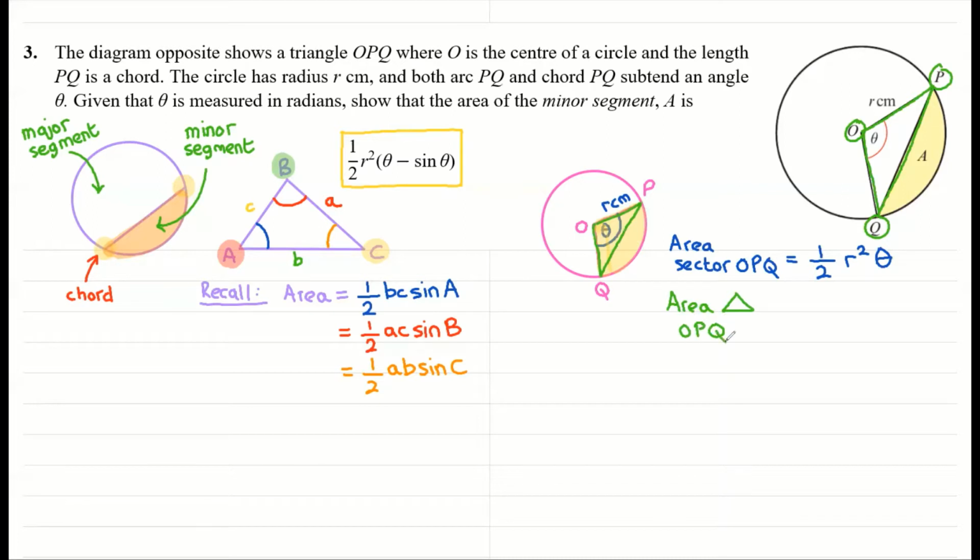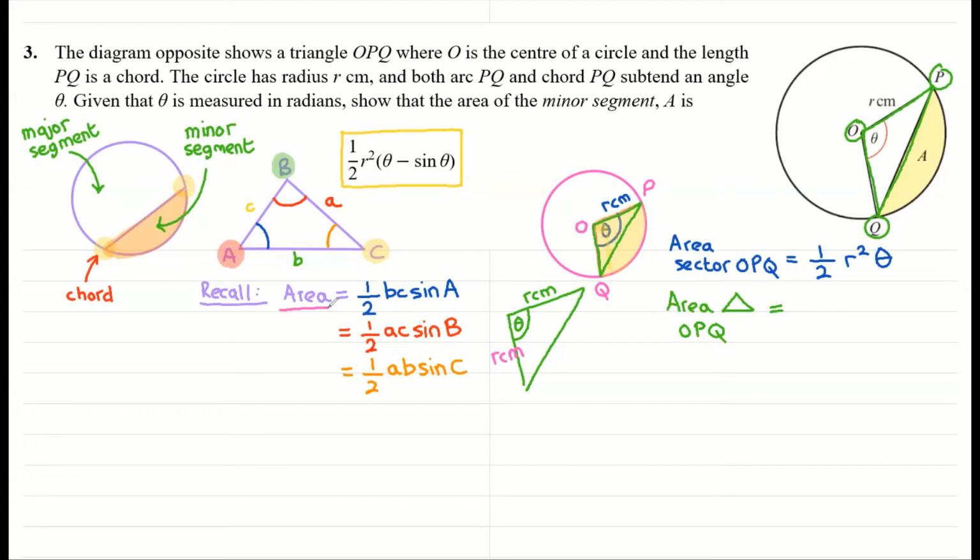So it's got the same name, but it's a triangle, isn't it? The area of the triangle OPQ. Now, if it's not very clear, I could just redraw it here so you can see it more clearly. That triangle has an angle theta at the middle and a radius of R centimeters. Okay, now because it's the radius, I can also write the radius here as well. So that's R centimeters.